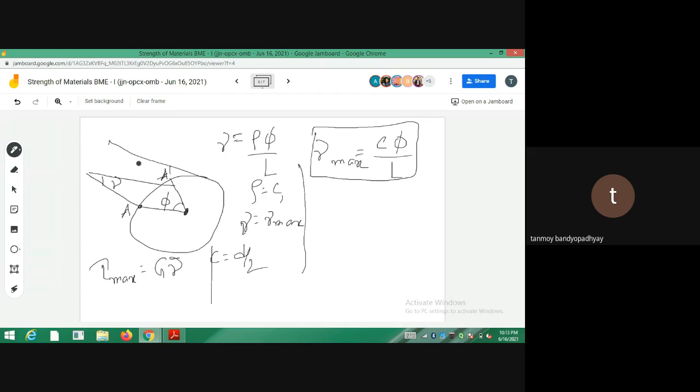So gamma max will be tau max divided by G. If I write it like that, I should be having tau max divided by G, that is equal to C into phi divided by L. So what I should be getting, phi will be equal to... Now again, what was tau max?